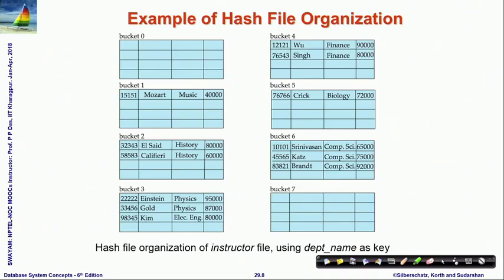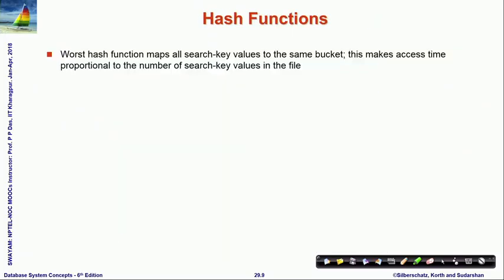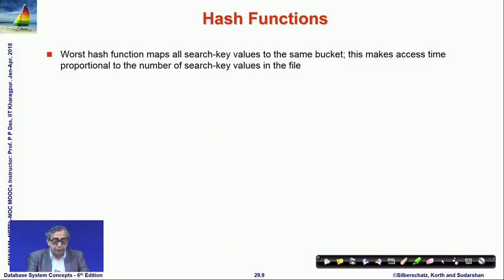Similarly, it happens with the other buckets as well. Not all buckets are shown here, only 8 buckets are shown, but in this way we can directly map them to the buckets. And so, such a hash function would be really useful.